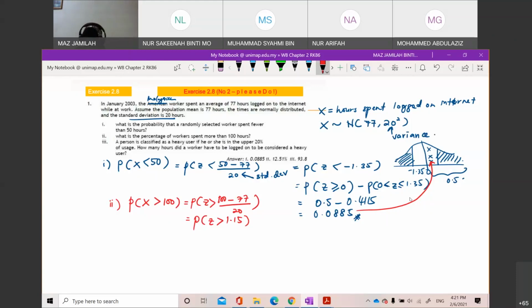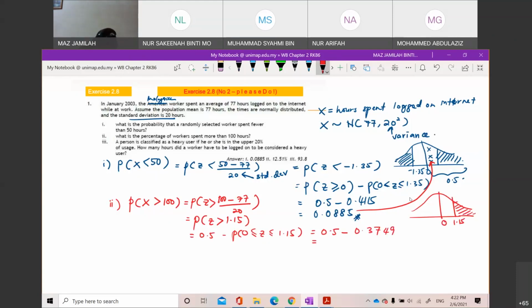If we put it in terms of a sketch, 0, 1.15, greater than. So obviously 0.5 minus P(Z between 0 and 1.15). So you will get 0.5 minus 0.3749.